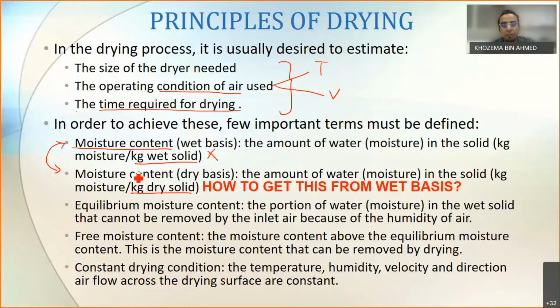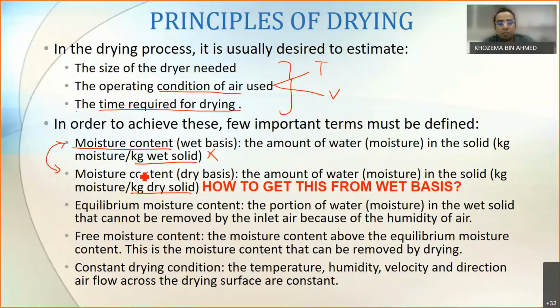Or sometimes when you are given the moisture content in dry basis, you must also be able to convert it to the moisture content in wet basis. So it depends on the condition. So please try to figure out how to actually get dry basis moisture content from wet basis moisture content. That is the first important parameter that we need to understand.